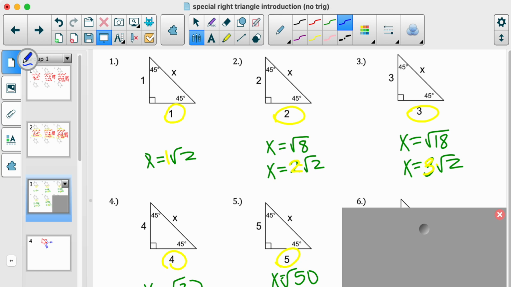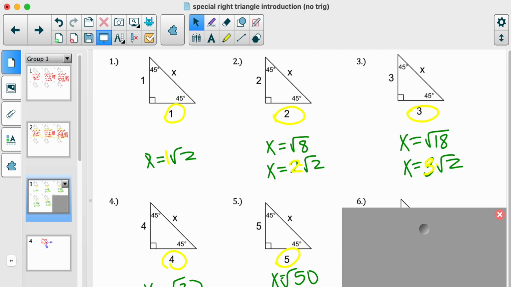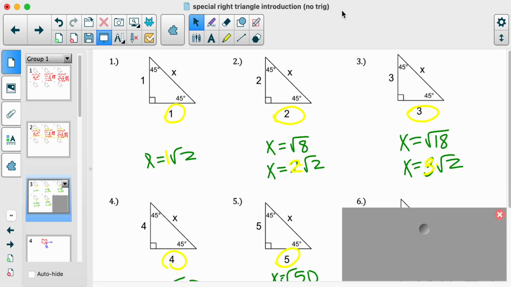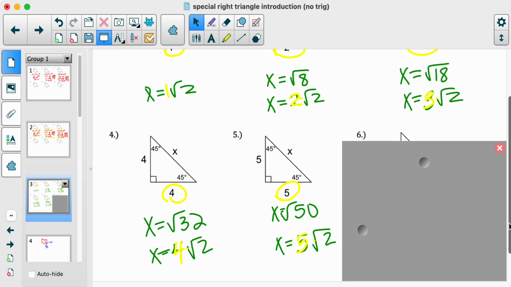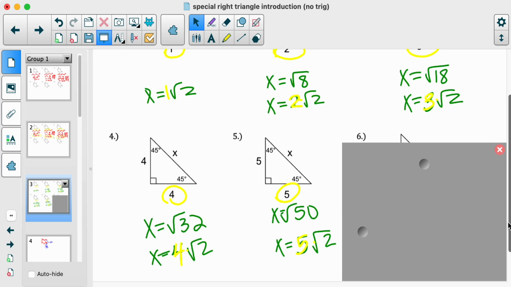So for those of you that do not have 4 and 5 done yet, we wouldn't even have to do the Pythagorean theorem. If you see that pattern, the length is 4 of the leg. X has to be 4 times the square root of 2.